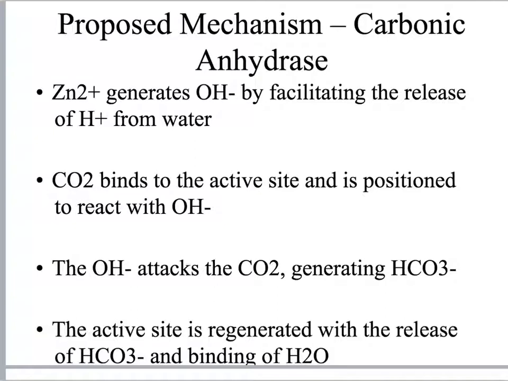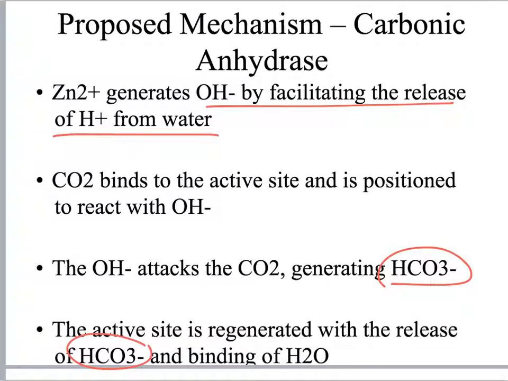We're taking that water and producing that hydroxyl group so we can form a nucleophile. Carbon dioxide binds to the active site and is positioned to react with that hydroxyl group. The hydroxyl group attacks the carbon dioxide, and that results in bicarbonate production. Then the active site is regenerated with the release of this bicarbonate ion.